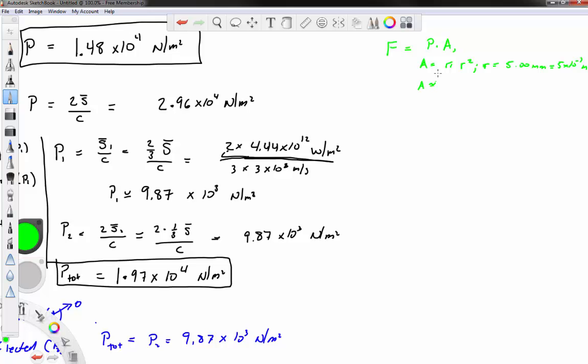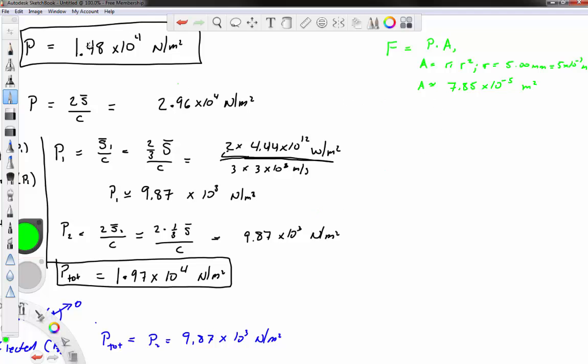So the area, therefore, is going to be 25 times pi times 10 to the minus 6. So that's basically going to be 7.85 times 10 to the minus 5 square meters.